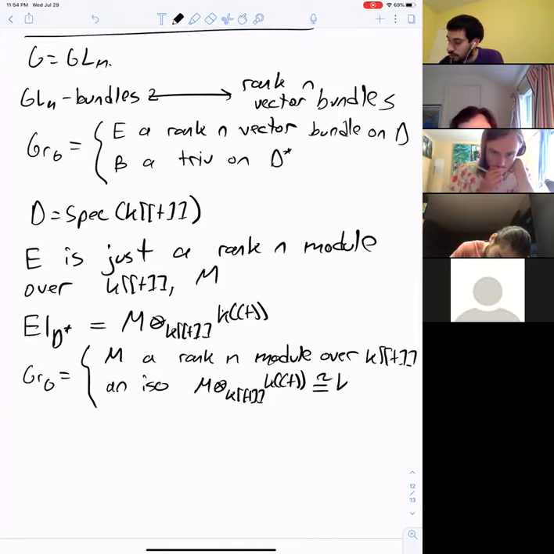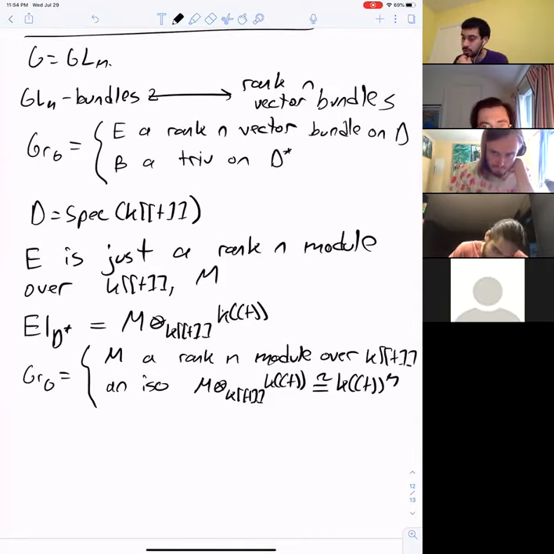And what's that? It's just the module K((t)) to the N. So this isn't going to be relevant to proving geometric Satake, but I think it's very cool because it's a purely algebraic model for what this guy is.